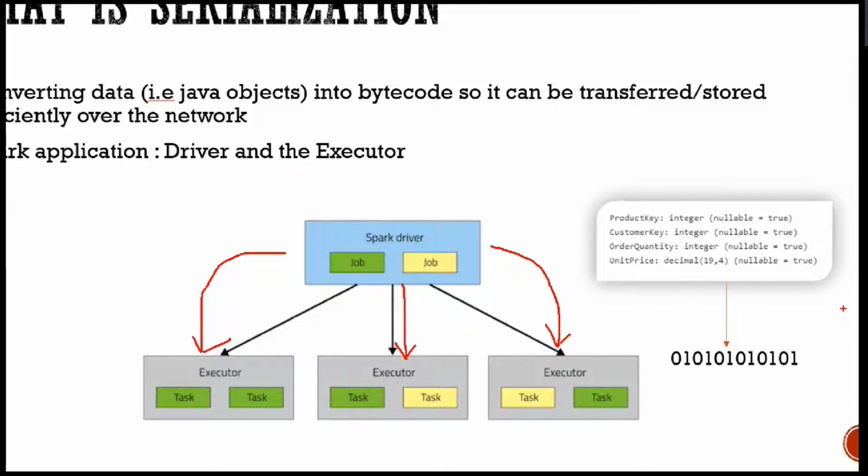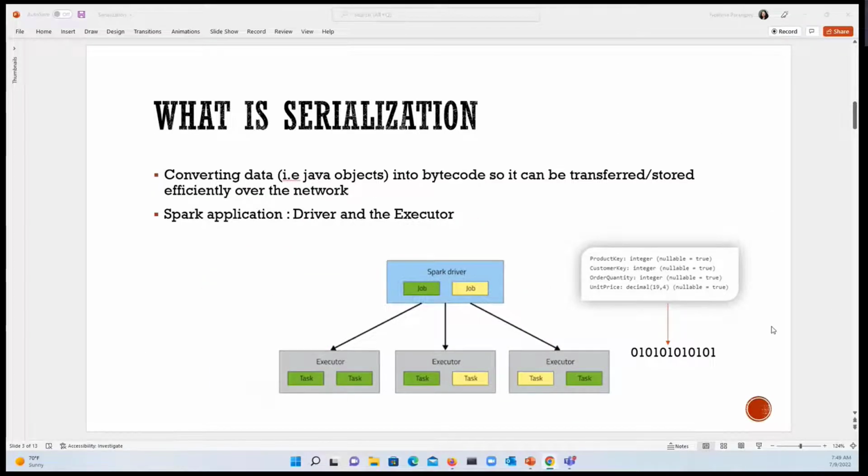Essentially, it converts it into bytecode, 010101. I'm just simplifying things, but it is much more efficient to send it to these executors by serializing it into bytecode. Once it reaches the executors, it will deserialize it and then do its processing. So that's exactly what serialization means.